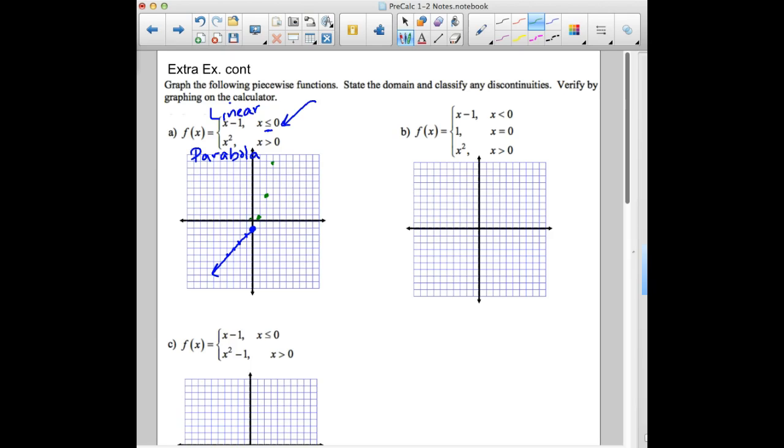No, but I have to show that I'm getting really close to that. So I use an open circle so that when I draw my parabola, it's getting really, really close to that open circle. It's just not at 0. Okay? So what kind of a discontinuity do we have? We have a jump discontinuity.